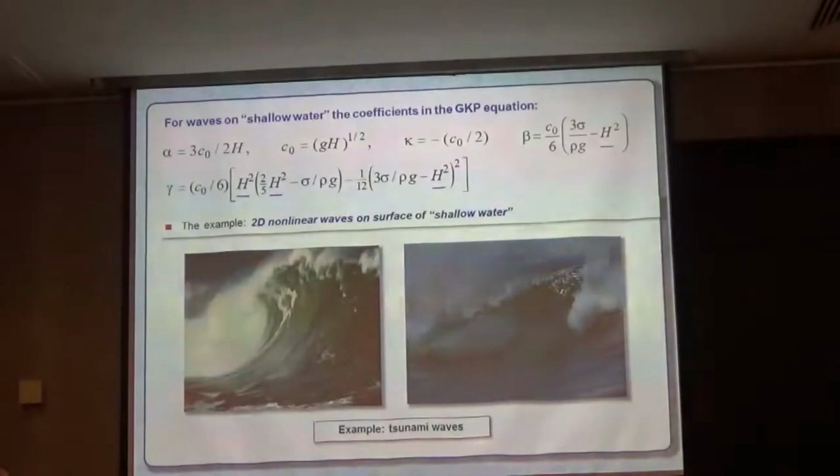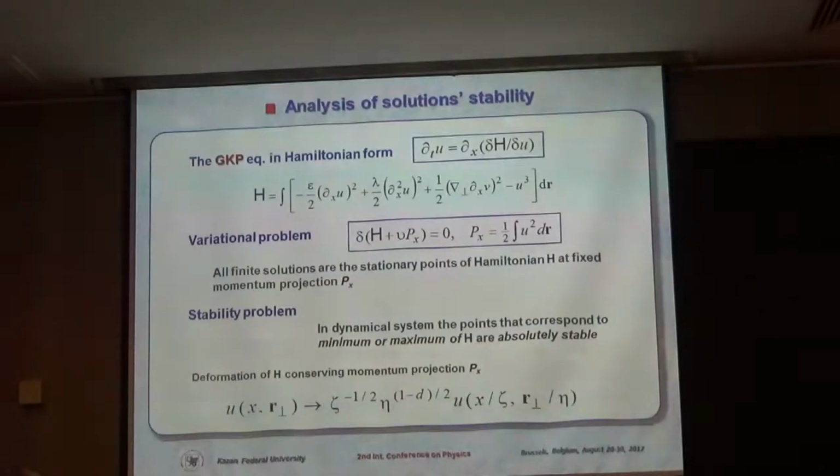For waves on shallow water, the coefficients in the GKP equation are the following, and you can see that dispersive coefficients are functions of the depth of the water. You can see the example, tsunami waves on shallow water.